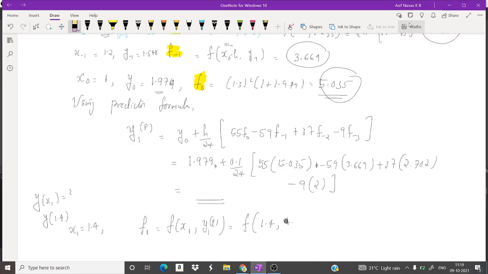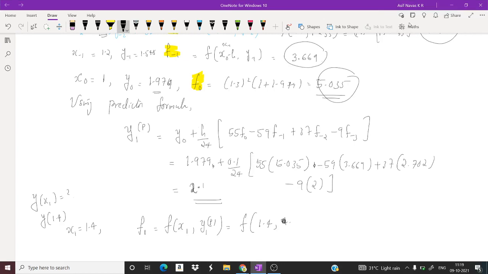If we find this quantity, y1 of p is actually 2.573, not 7.007.